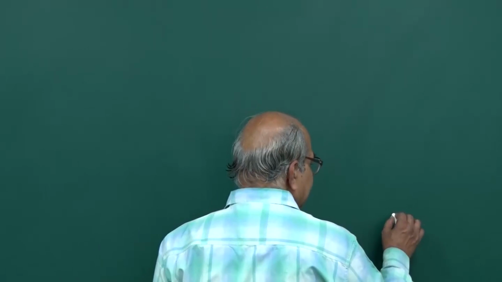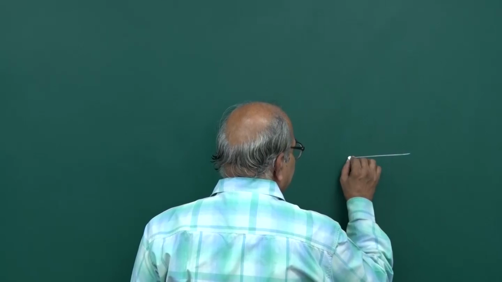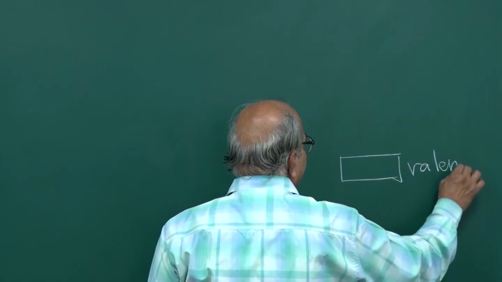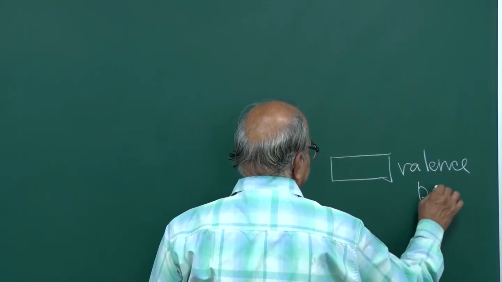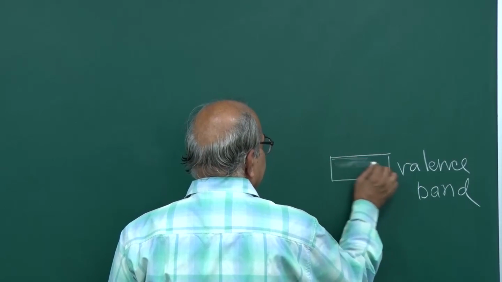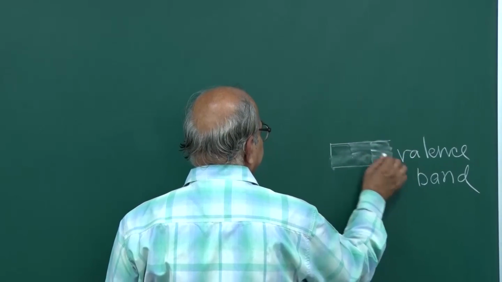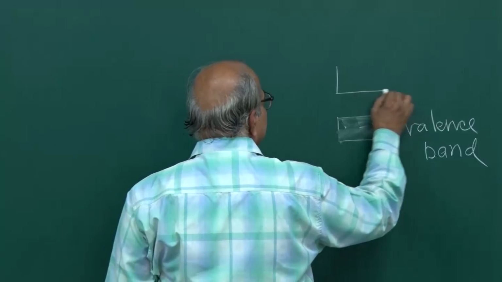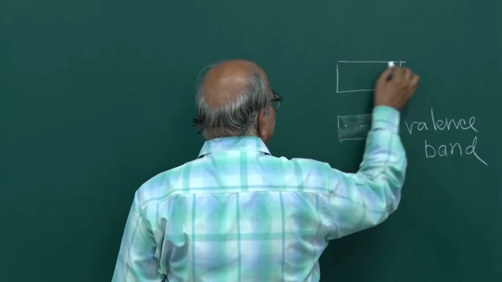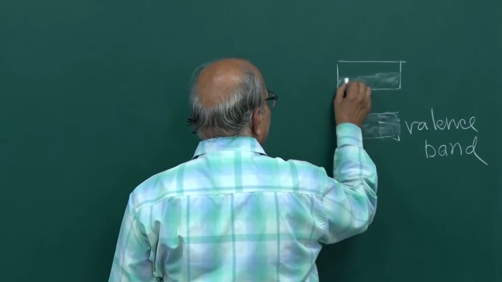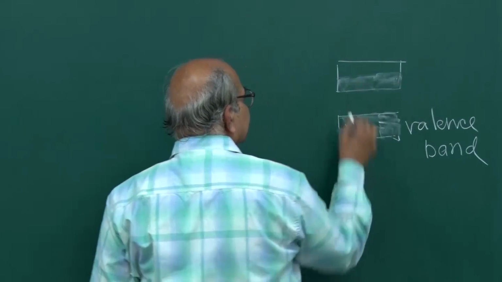So you can have a situation where you have a valence band, and by definition this valence band is completely filled. So this is the valence band, all these states are completely filled. And then you have the conduction band, which is partially filled. This is one kind of situation, and I remind you I am talking of low temperatures only.